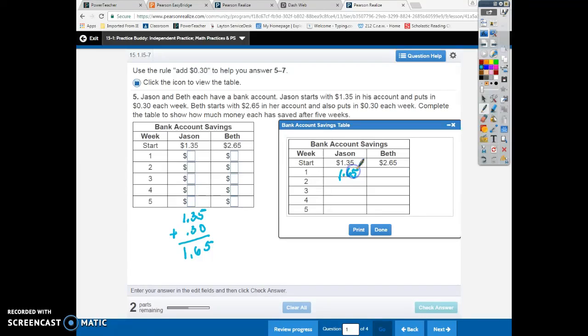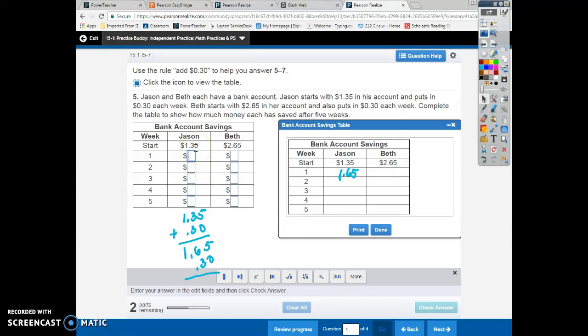$1.65. And then go ahead and add 30 more cents, 0.30 here. And you may even want to, after you get this $1.65, go ahead and type it in here. And then let's go down to the next one, which will be week 2, which is what we're calculating right down here.